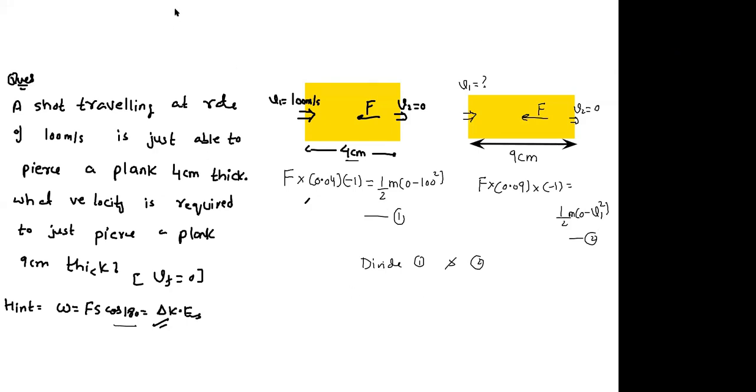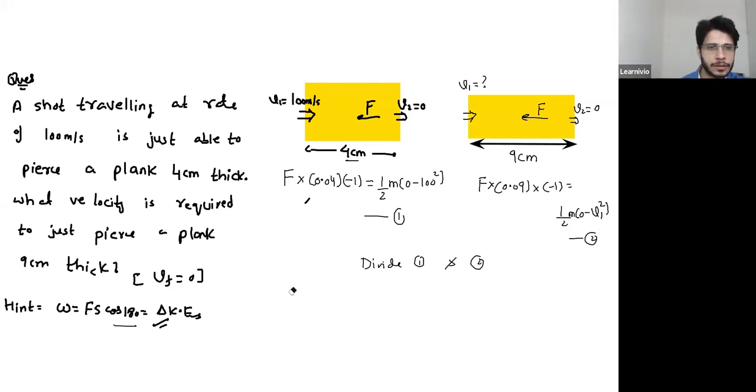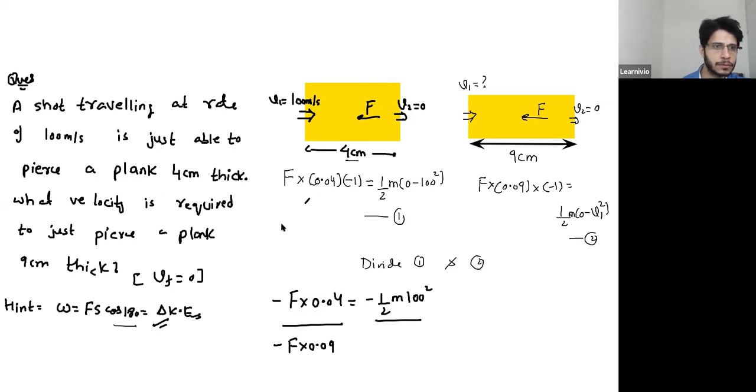So if I divide these two terms, then this is F into 0.04 with a negative sign is minus of half m v1 square divided by minus F into 0.09, minus half m v2 square.